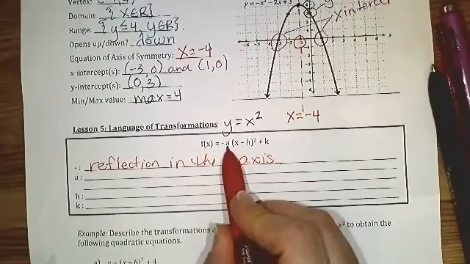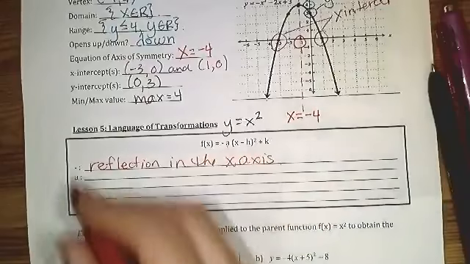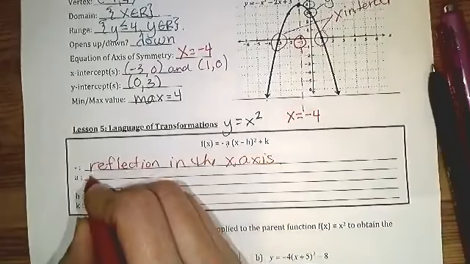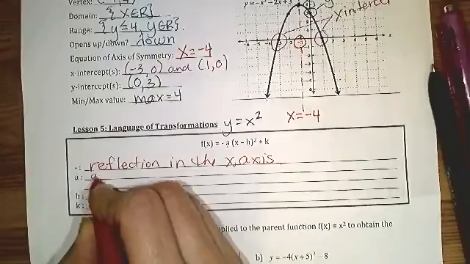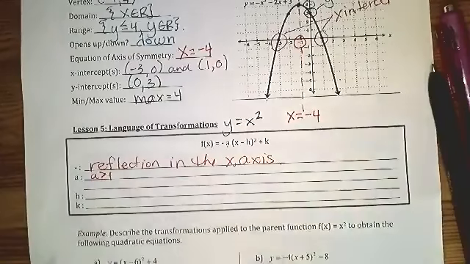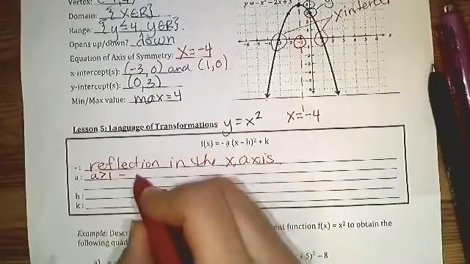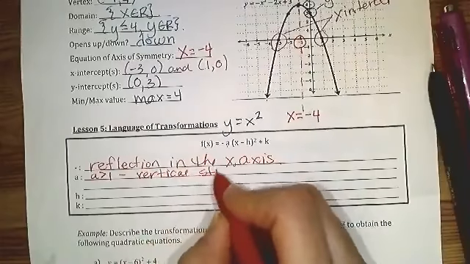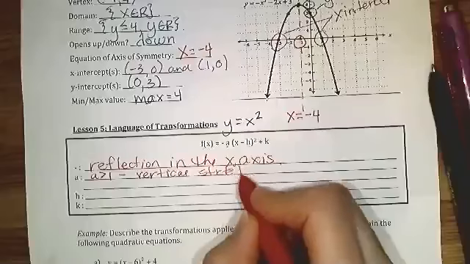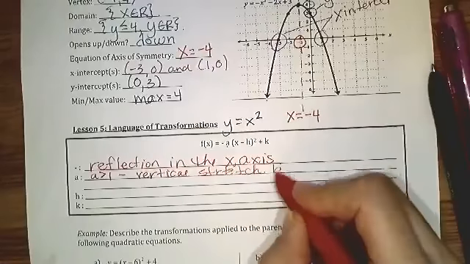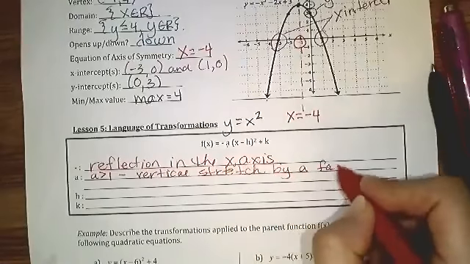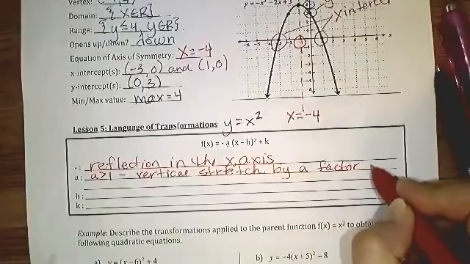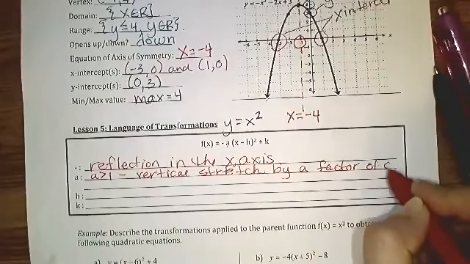The a value, if a is greater than 1, then we know we have a vertical stretch by a factor of a.